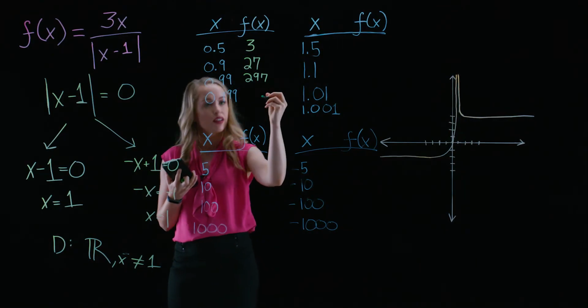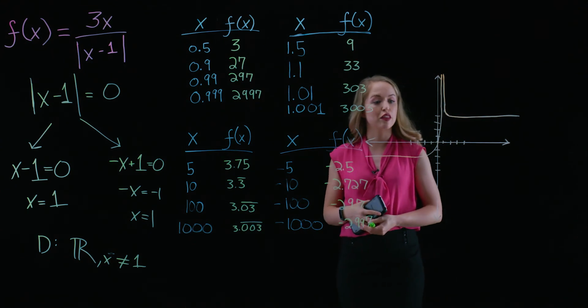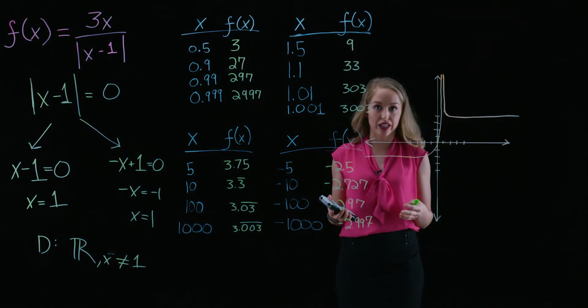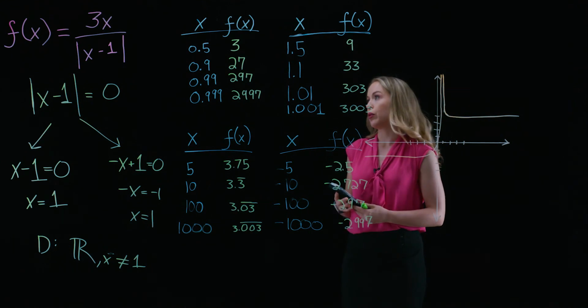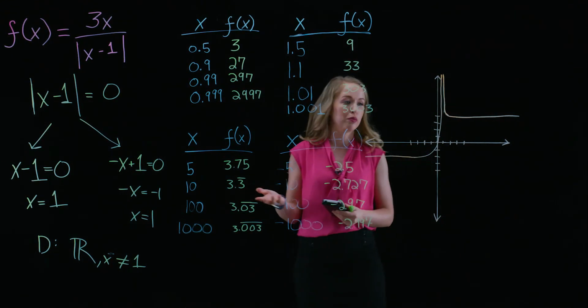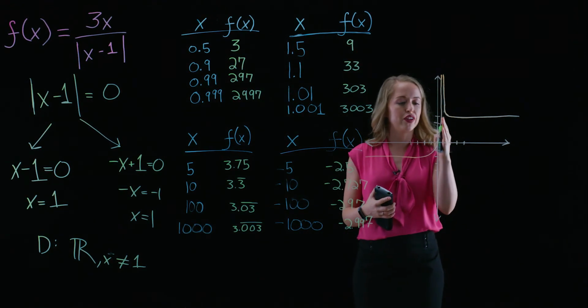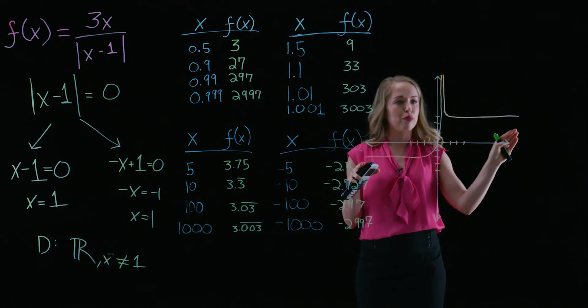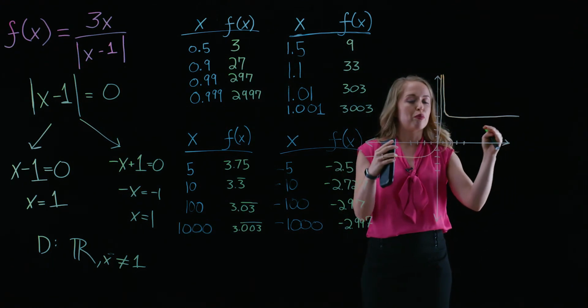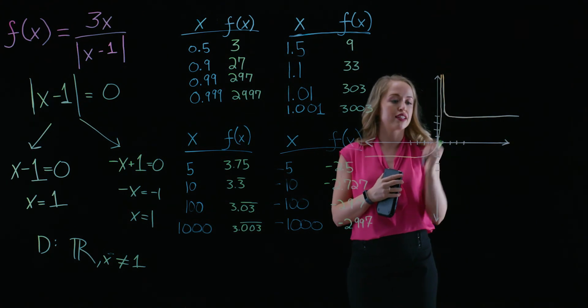So the last part of this question asks us to discuss the behavior of the graph near any excluded x values. Now, we recall that the only x value we've excluded is x equals 1, because x cannot equal 1. And then when I look at the graph at its behavior at that point, I see that from both directions, we are approaching infinity, from both the left and the right, as we approach x equals 1.